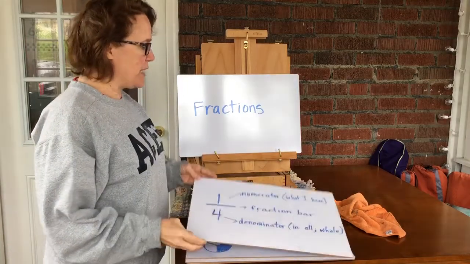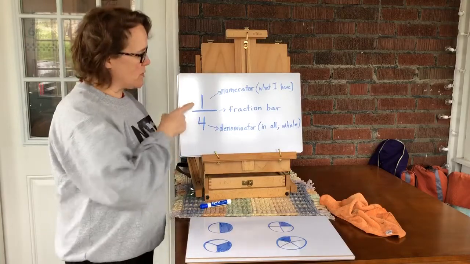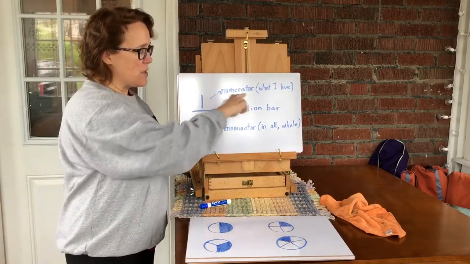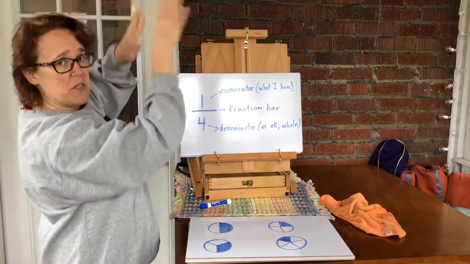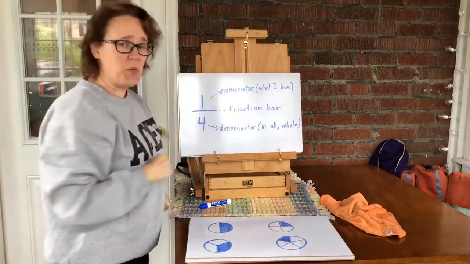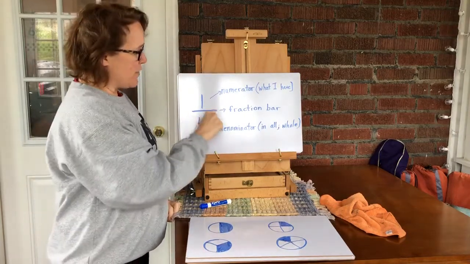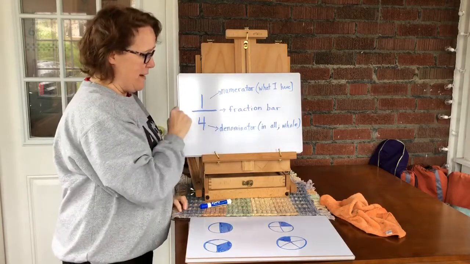All right, so let's look at the parts of a fraction. A fraction has three parts. It has a top number, which is called the numerator. If you've ever been in my classroom, we always do the little dance, numerator. The numerator's at the top. Then there's a line underneath called the fraction bar.